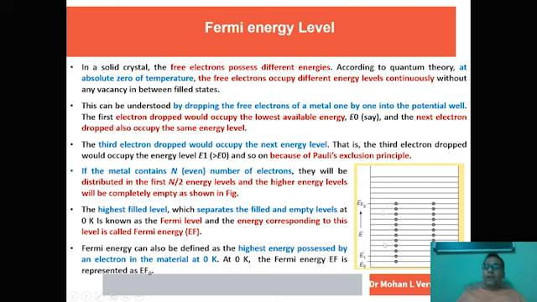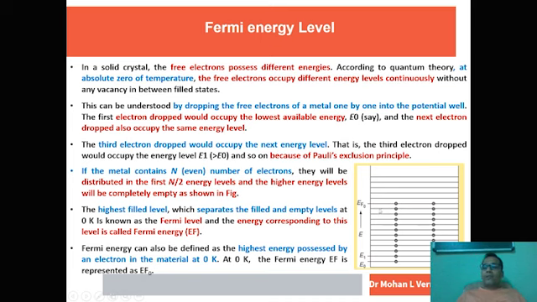These are the filled levels, and above are the empty levels. This is separating the filled levels and empty levels. This is known as the Fermi level, and the corresponding energy is known as the Fermi energy. The Fermi energy can also be defined as the highest energy possessed by the electrons in the material at 0 Kelvin, and at 0 Kelvin the Fermi energy EF is also represented as EF0.